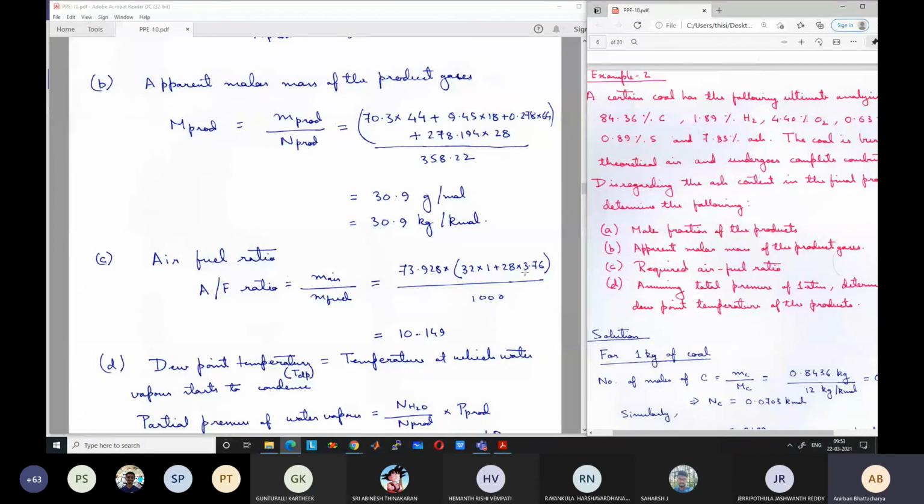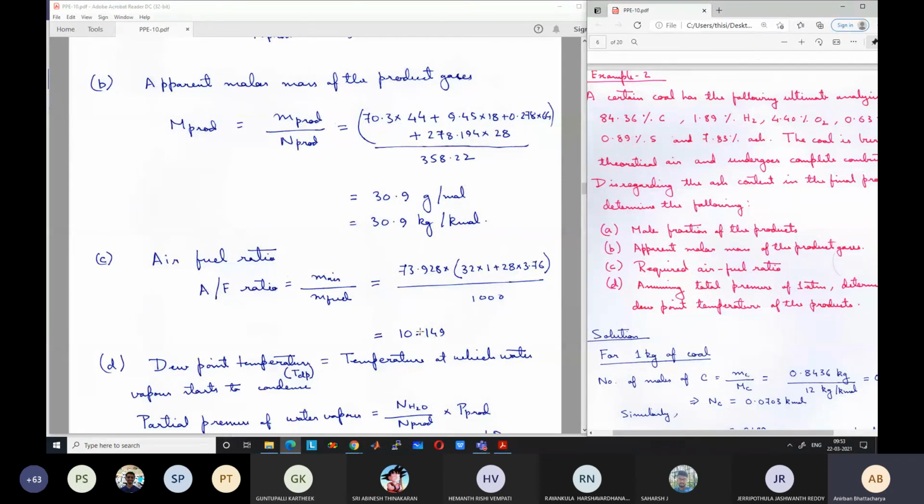This is the mass of air required for 1 kg of coal. Ultimately you get an air fuel ratio of 10.149 for this coal, and it will depend on different compositions of coal.